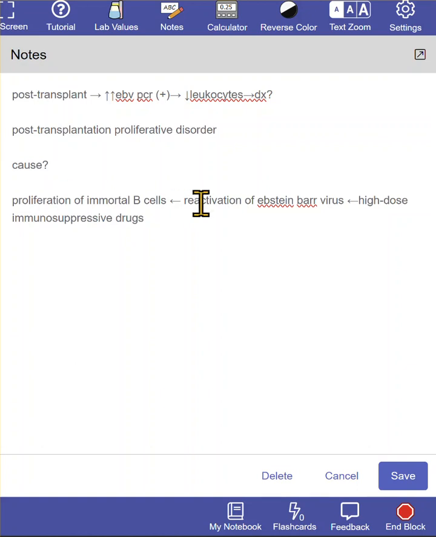So I'm going to write this all out. So it's actually going to be solid organ transplantation goes to a decrease in cytotoxic T cells.